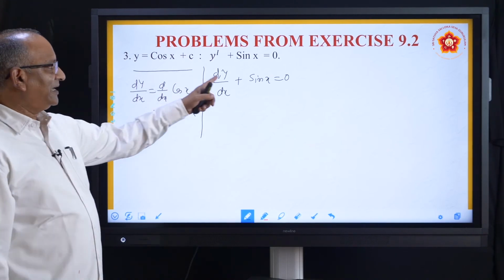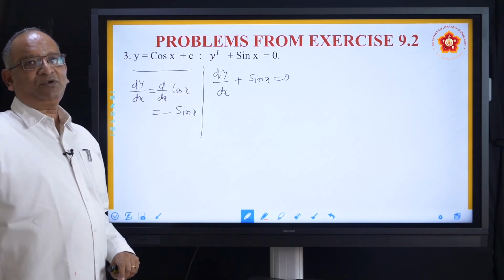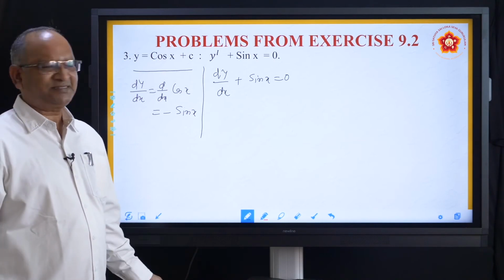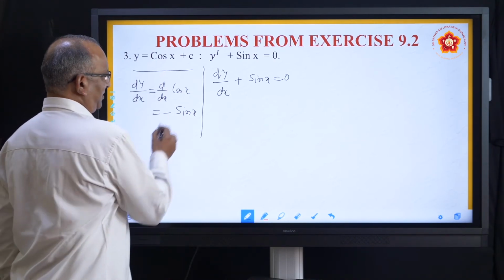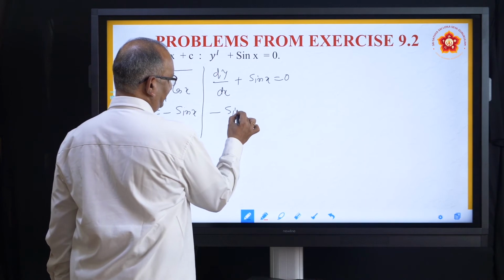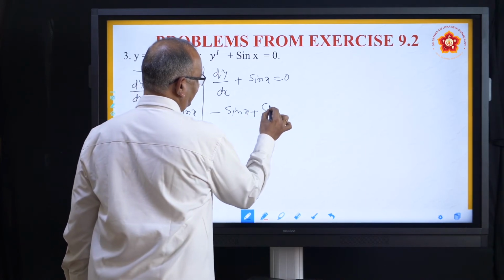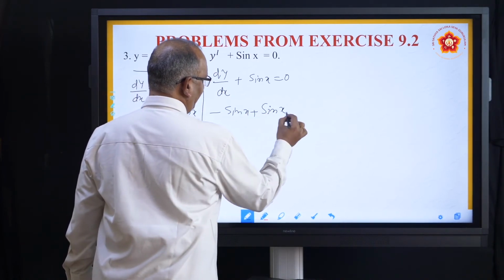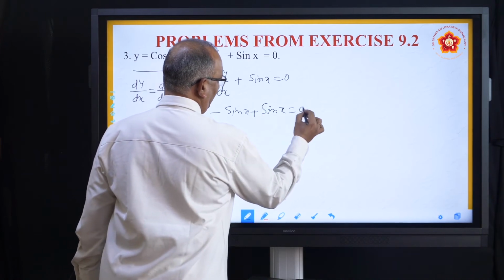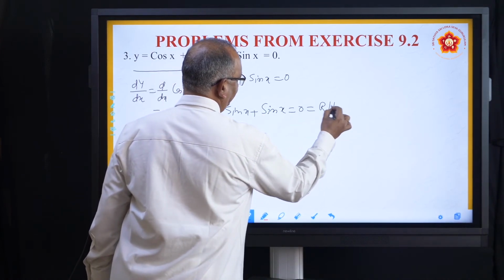Substitute this value in the left hand side. If it is equal to the right hand side, it is a solution. Very simple. So substitute the value of dy by dx. So it is minus sin x plus sin x equal to 0, which is the right hand side.